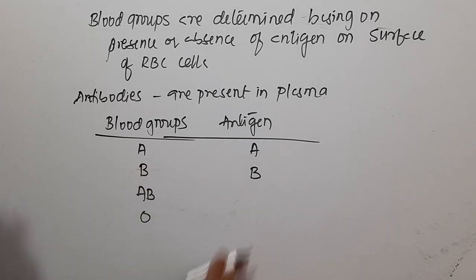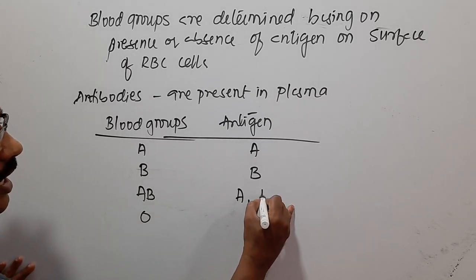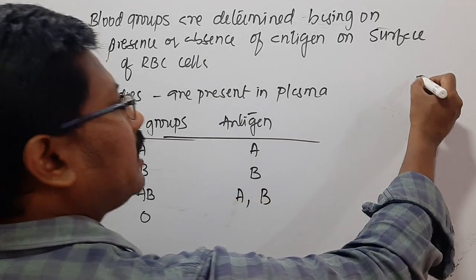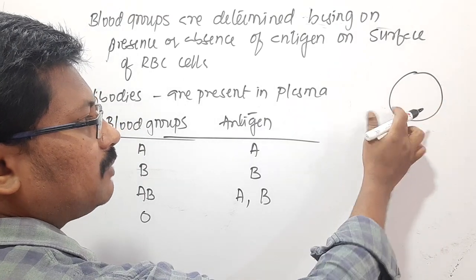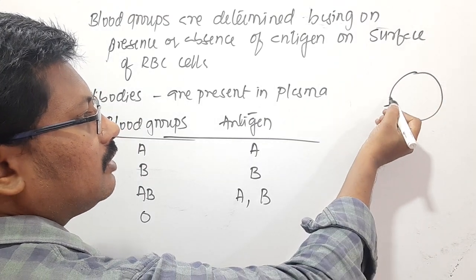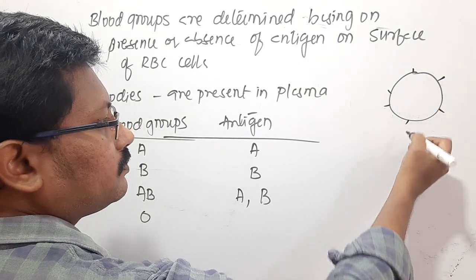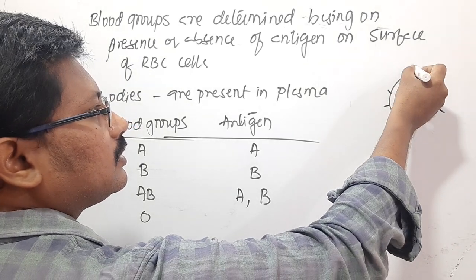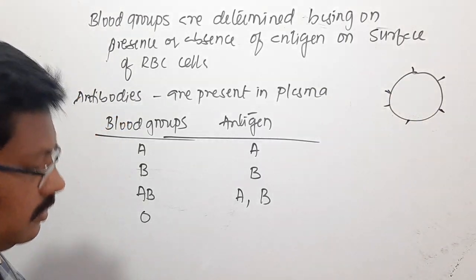If I say this is the surface of the RBC, the plasma membrane, these are the antigens.